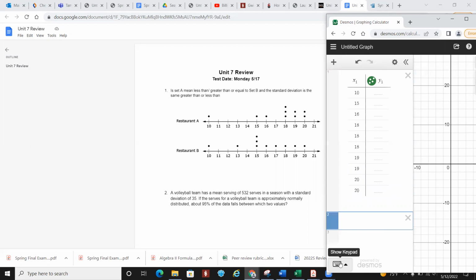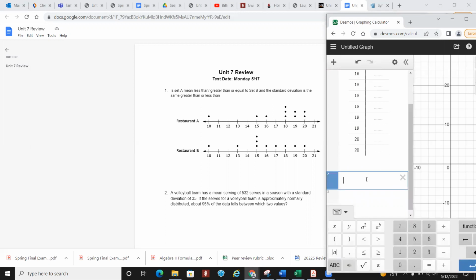And then I'm going to hit this little keyboard and I can type out standard deviation of X sub 1.